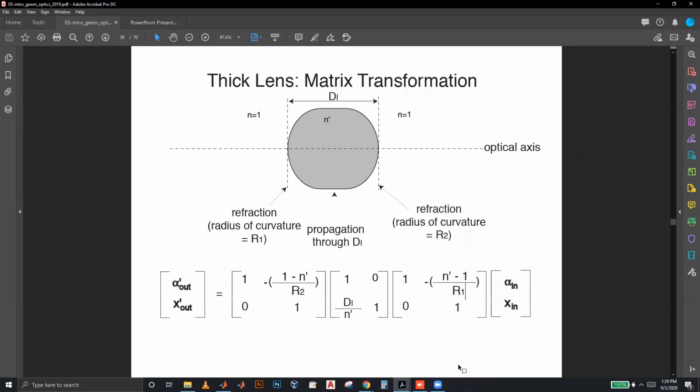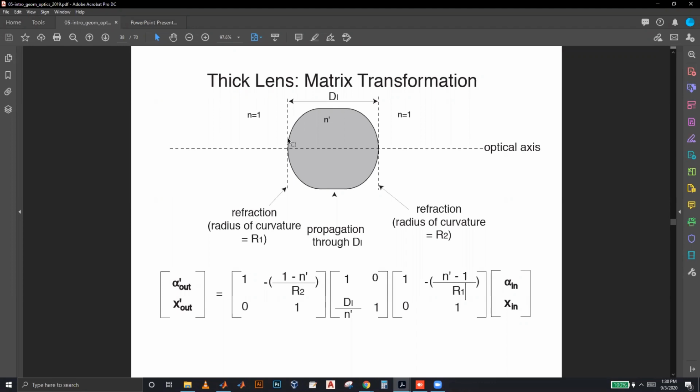So imagine this would have taken you much longer to solve by doing geometry and stuff like that. So everything else, just tally all the n1, the output is n prime, and so on. You could have added some free space propagation outside, but that doesn't really matter for analyzing just the lens.